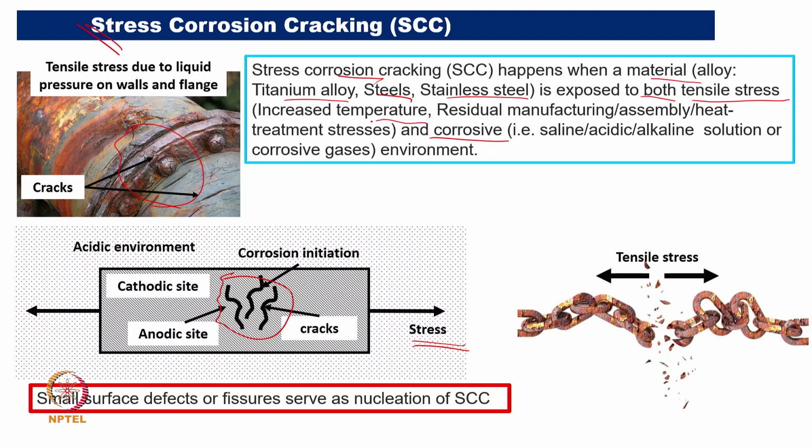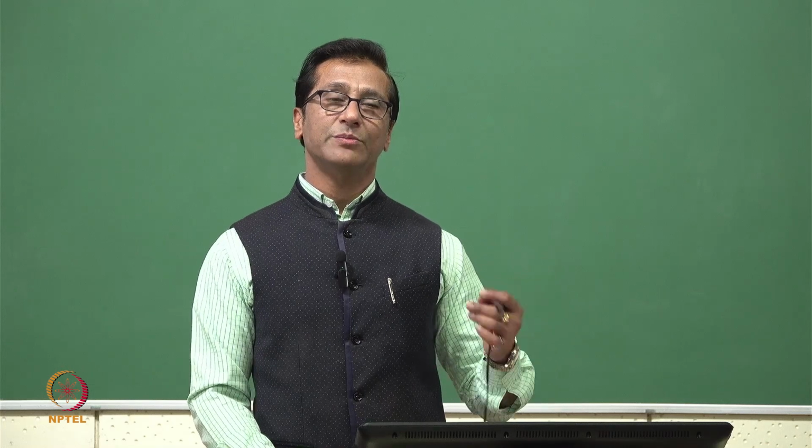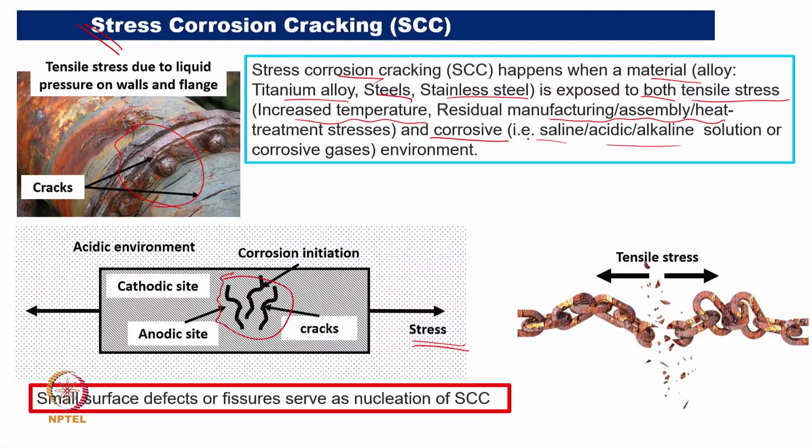Now, tensile stress also occurs because of an increase in the temperature, or some sort of residual stresses, or maybe when the applied load suddenly changes, maybe getting misaligned, at that time also. And corrosion can be any kind of corrosion.